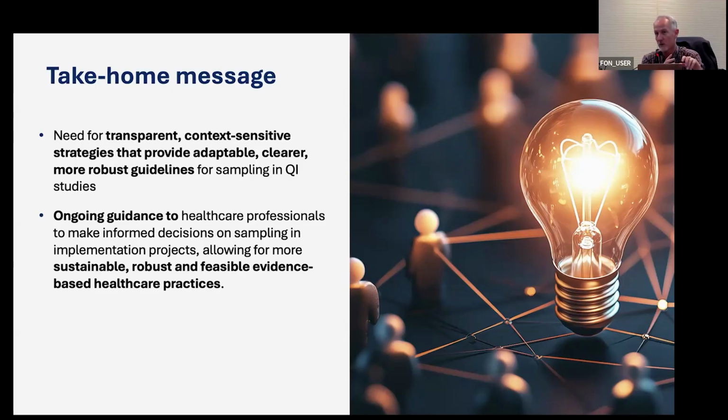And scalability is not dependent on my sample size. It's dependent on implementation fidelity. So have I done what I said I would do the way I said I would do it? I don't need to retest in order to achieve that. I could add that complexity, but I don't think it's a requirement.